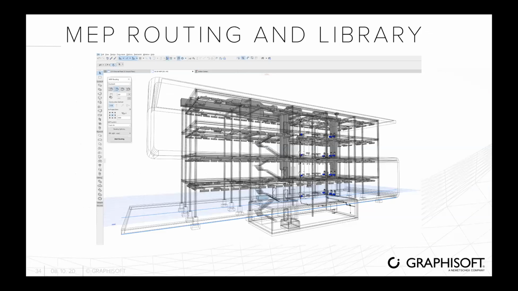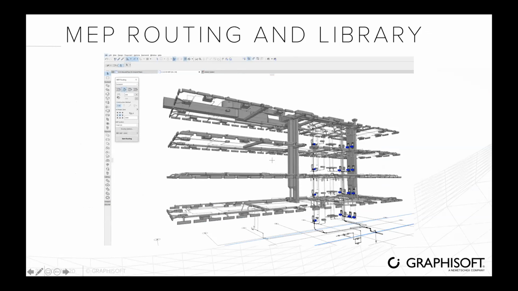And these are just showing some images of basically the MEP routing feature. So you can model straight ducts, round ducts, and create custom diffusers or panels depending on what you need to do. You can model the HVAC system, the plumbing, or electrical conduits depending on what is needed.